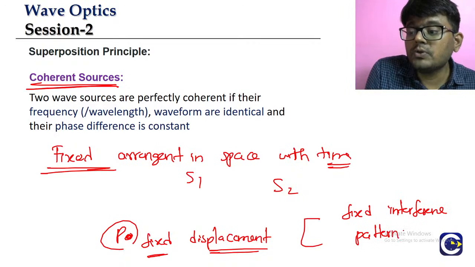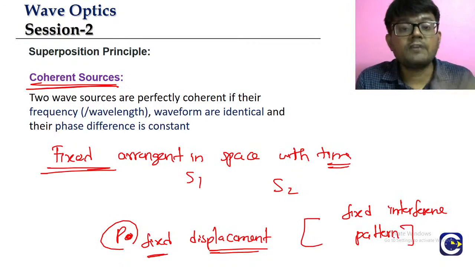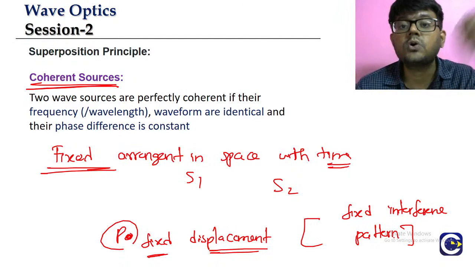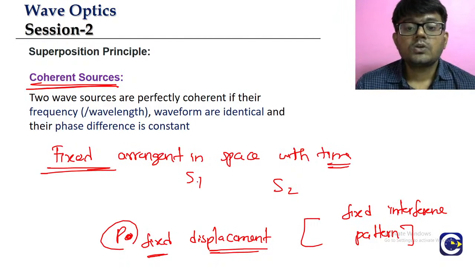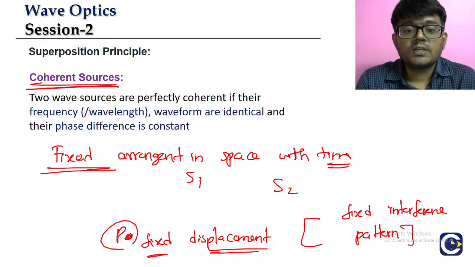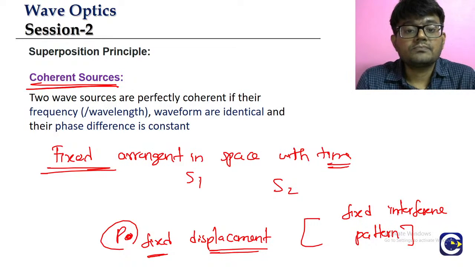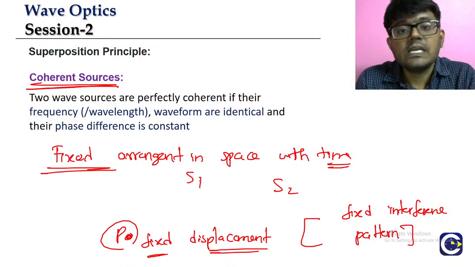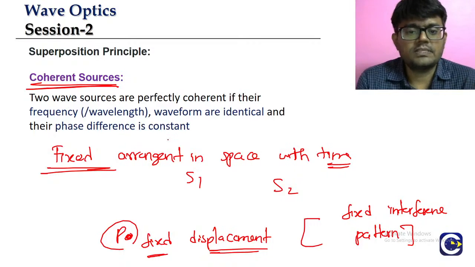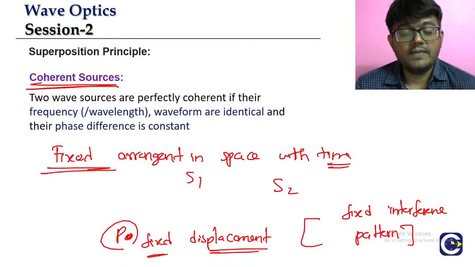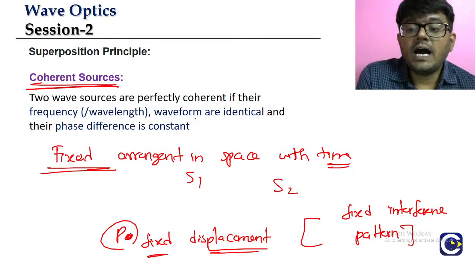How they will produce, we will study that. But first let us look at what are these coherent sources. Coherent sources means the sources which will have same frequency or wavelength and identical waveform.